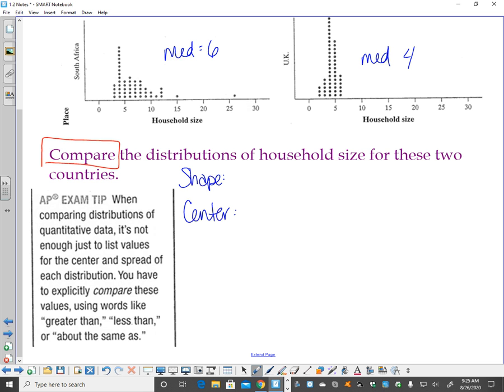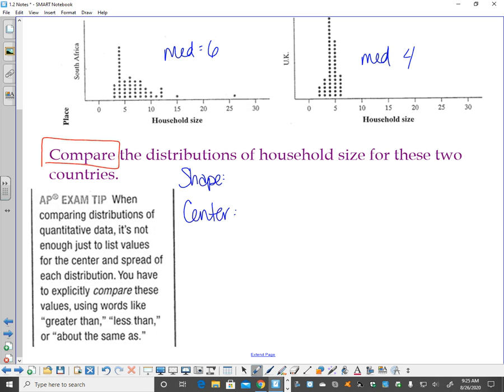Now I need to address what both the medians are for each distribution, but I need to compare them. Here's what I'm going to say, and I'm not going to write it. I'm just going to speak it, and then I want you to pause and write it down. Listen first, because remember, you can rewind it.